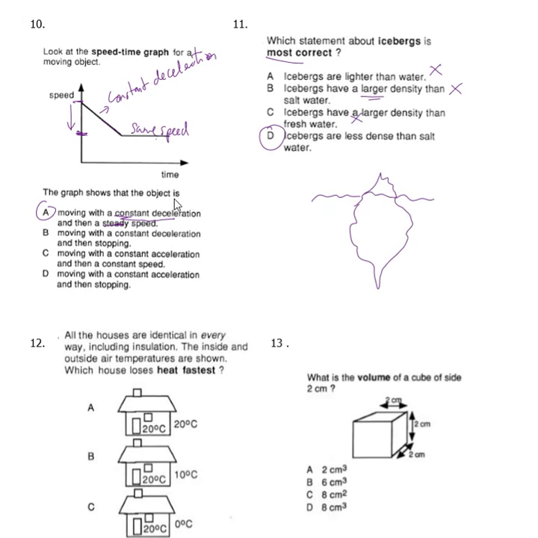So this is true, density. You got sea water, and this is ice. So why does this iceberg float? Because they are less dense than seawater.